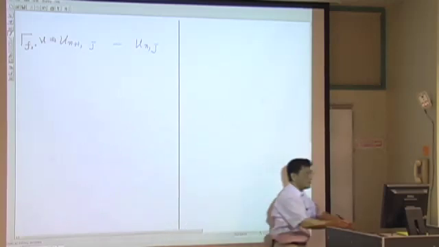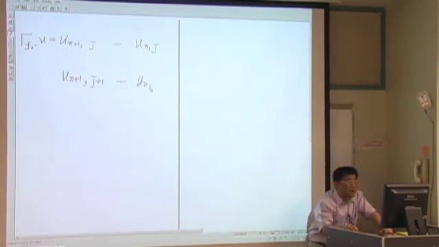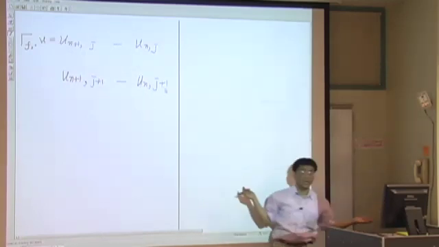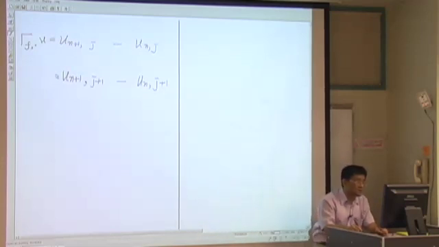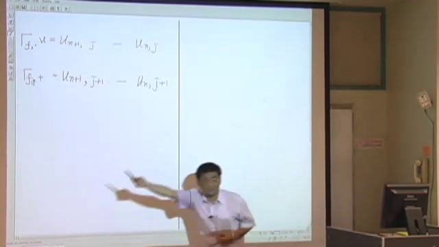Now, I want to consider this thing. Everything is the same but the second coordinate. Up to this point, same. But here, instead of j, I want to have j plus 1. Then how can I represent this thing using the notation? I decided to use plus here. In other words, the second coordinate is advanced, right?